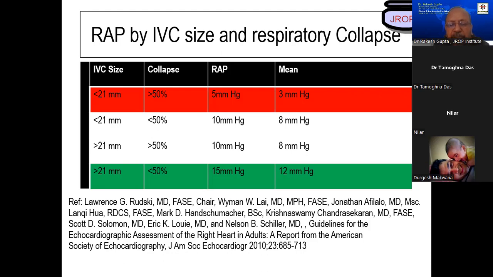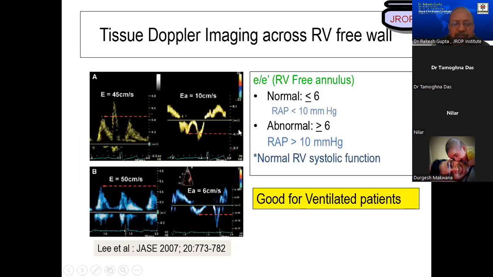And this has not been said by me, I'm not a researcher, this has been said by a paper published in 2010, JASE. Some people take the peak, some people take a mean RA pressure of 3 to 12. So that's how we look at RA pressure evaluation by IVC.